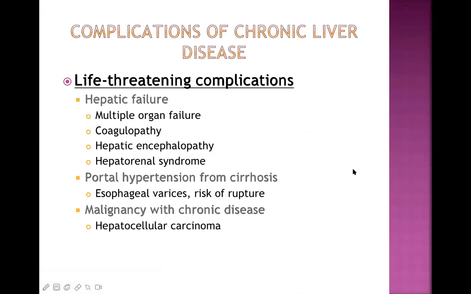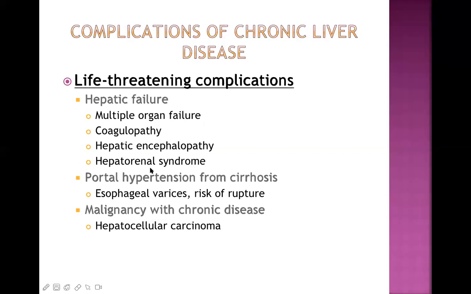Now there are some life-threatening complications of chronic liver disease. In my next class I'll repeat this again, but let's go through them now. Hepatic failure: because of hepatic failure, multiple other organs can also be involved. One of the most important organs is the kidney. If the liver fails, the kidney also fails. This is known as hepatorenal syndrome.